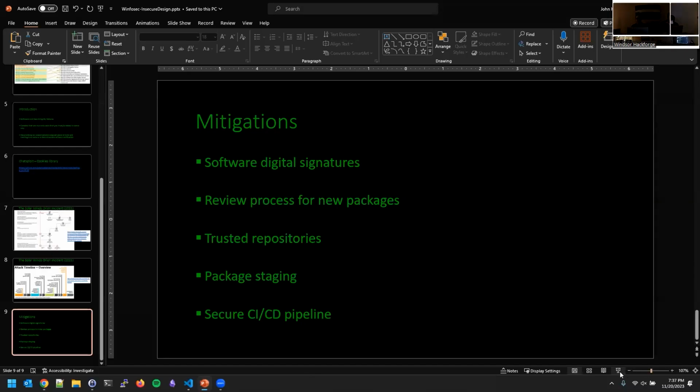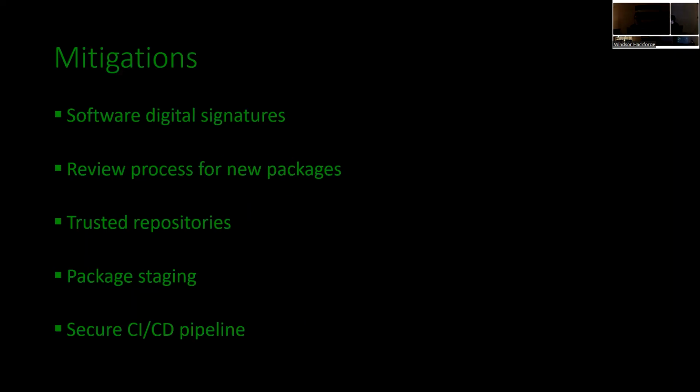All right. So let's talk about software digital signatures. You get an update and it's signed in some way by the original vendor. So in SolarWinds Orion, it came from SolarWinds because it's signed by SolarWinds. Would that have helped with the SolarWinds Orion thing?